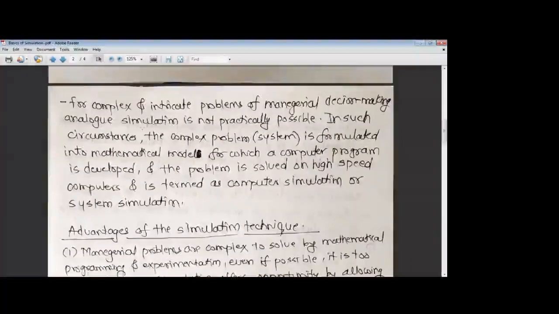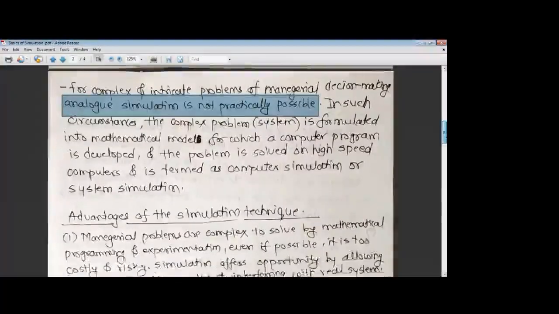For complex and intricate problems of managerial decision making, analog simulation is not practically possible. This is very, very important to understand. If I have to take any managerial decision, I can't go with physical modeling.